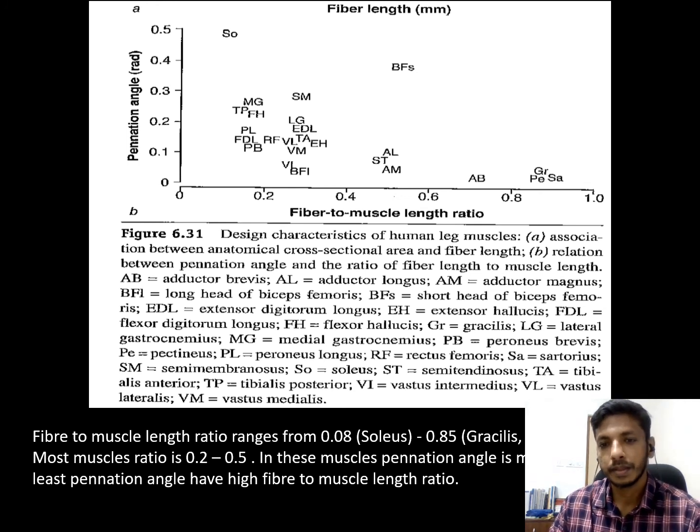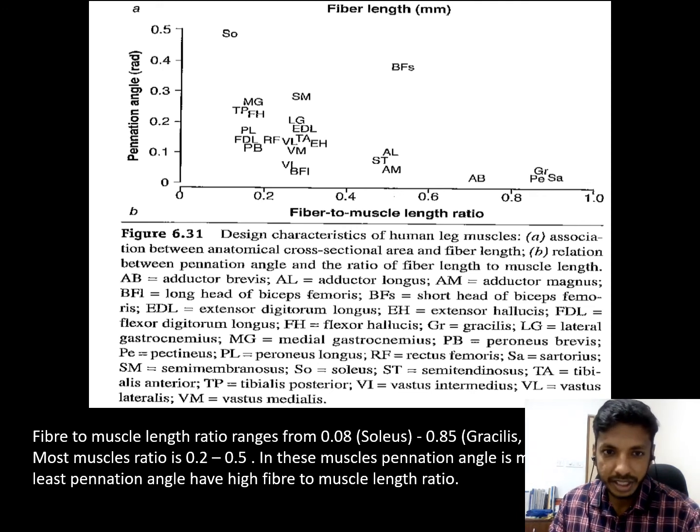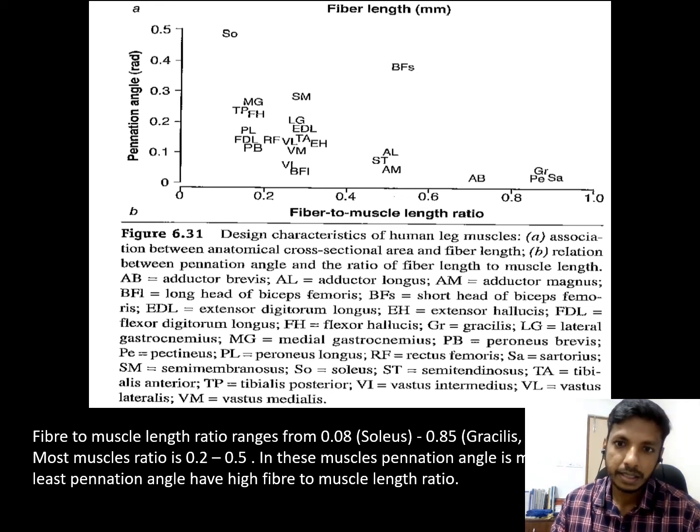That indicates what? Probably there is an excessive angle of pennation. The soleus angle of pennation is more, due to which the fiber to muscle length ratio is very low. Whereas the angle of pennation for gracilis, pectineus and sartorius is very small, which means the fiber to muscle length ratio is more. That's how we can compare the soleus with the gracilis, pectineus and sartorius.